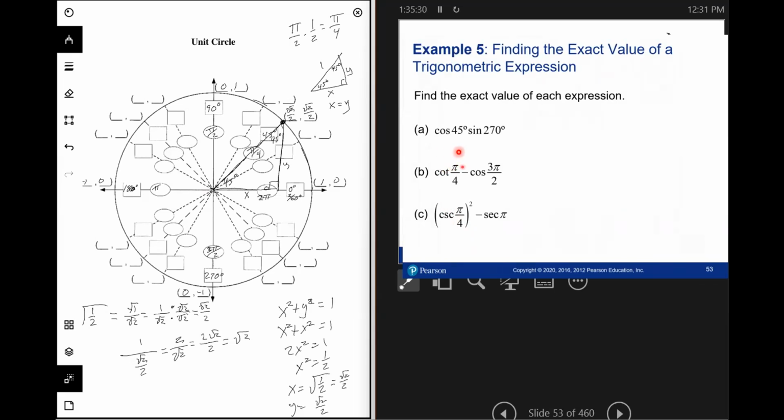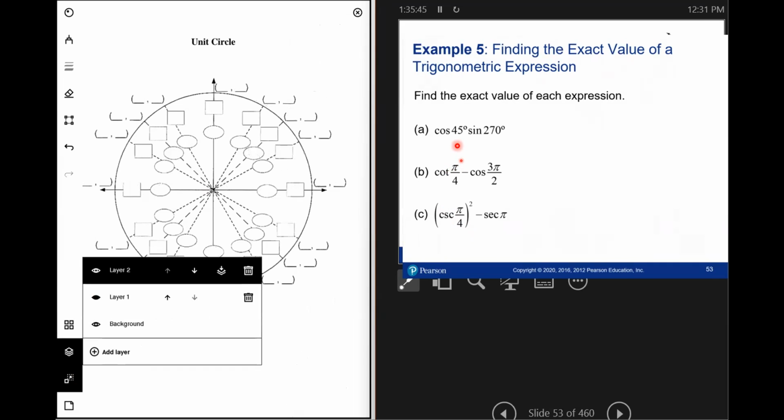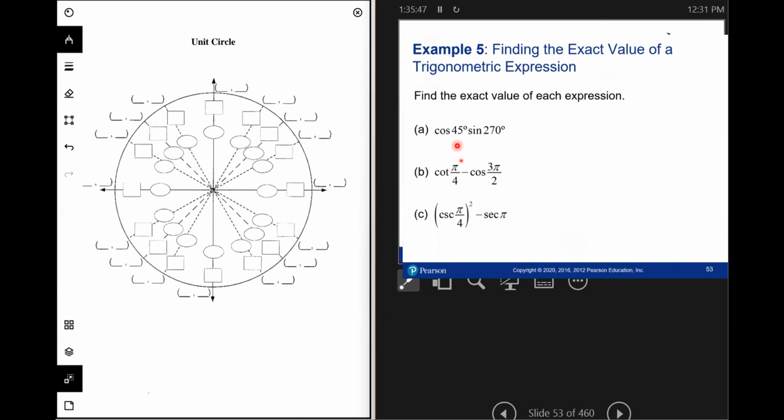Well, I know these angle degrees. All right, so let me just create another layer just so I can work these out. I know the cosine by the work I just did.